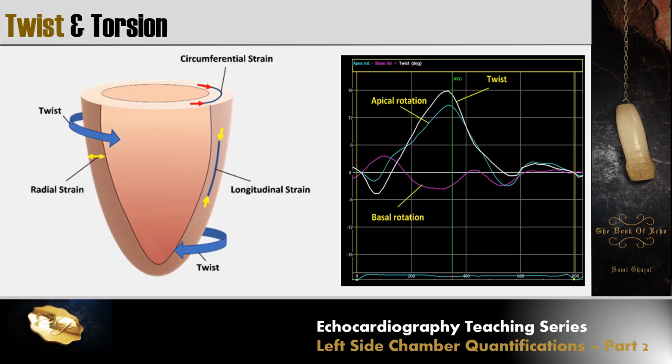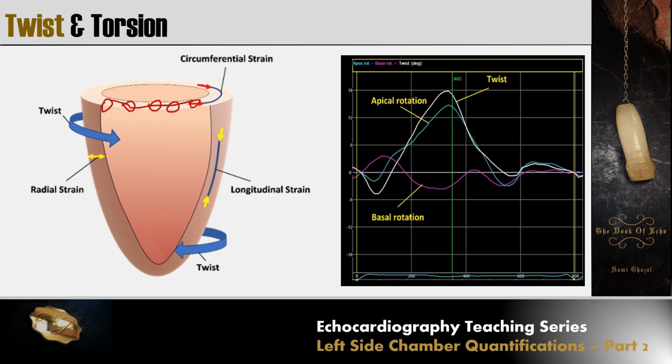Now proceeding to twist and torsion. Since now we can measure the circumferential strain and also we can track each segment of the heart, we can know their rotation and the degree of rotation.